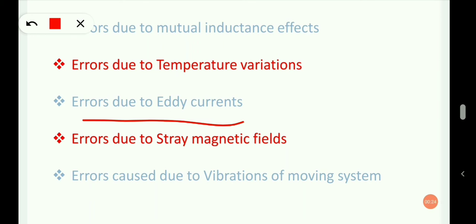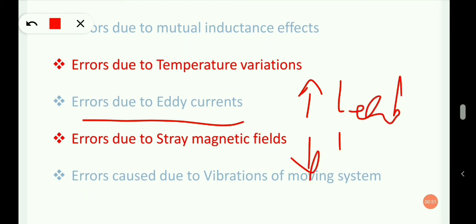Due to these currents, a field is produced which causes the error by altering the magnitude and phase of current coil field. Due to eddy current errors, the wattmeter reads high for leading power factor and low for lagging power factors.